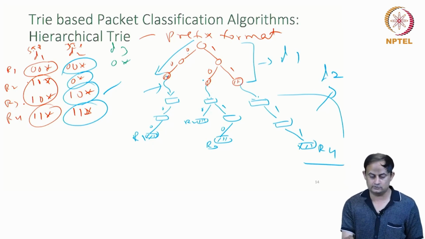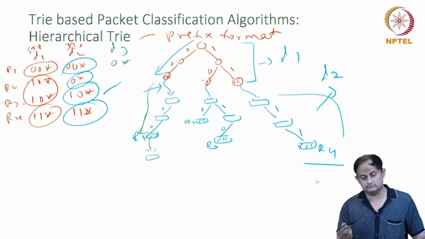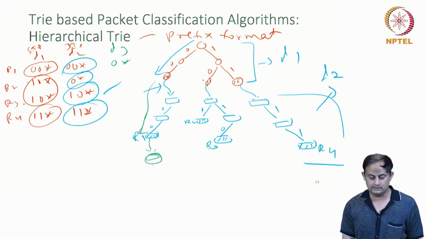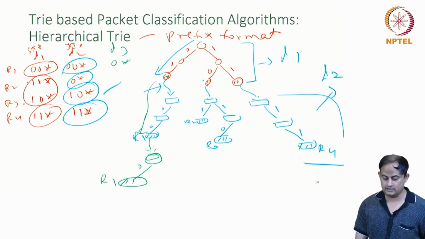So 0 0 star is taken care of, another 0 0 star is taken care of, and now I add a no cost link to the third level. This one maybe I'll draw with an oval shape, and then 0 star goes here, and this will become your node for rule number R1. So I need to highlight this.